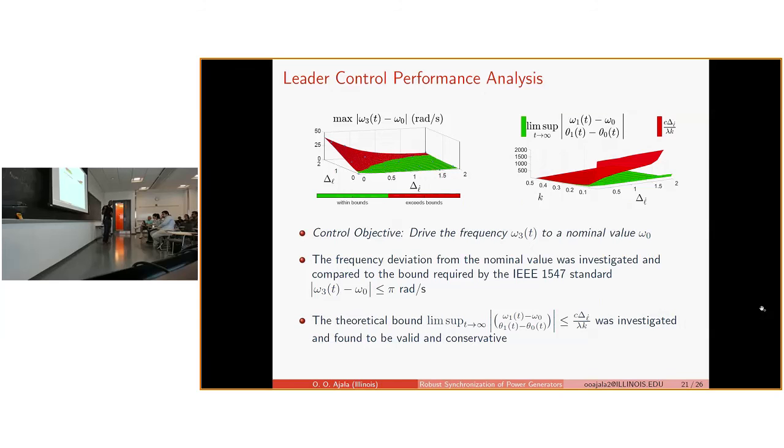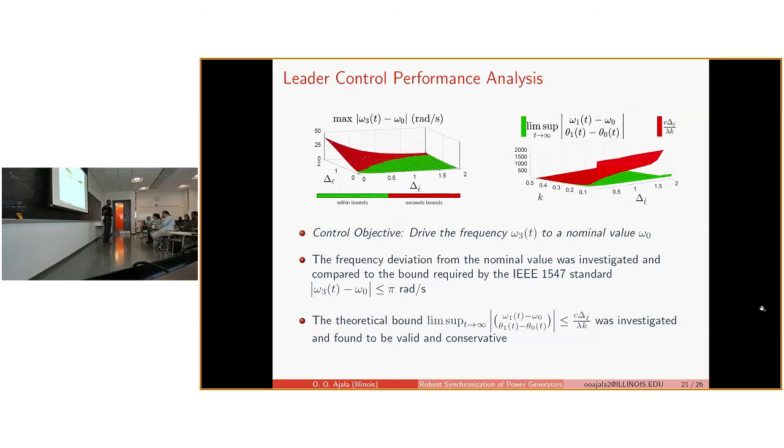First, we compared the deviations of the frequency from the nominal value as a function of the load variations. And what you can see is that for large changes in the load, there's a larger deviation from the nominal frequency, which is expected, right? And you can see a similar thing for the rate of change of the load.